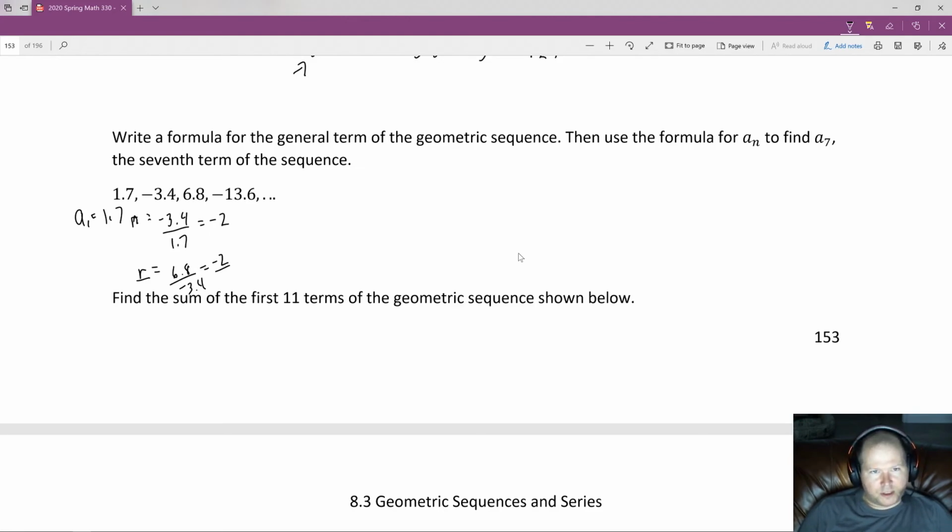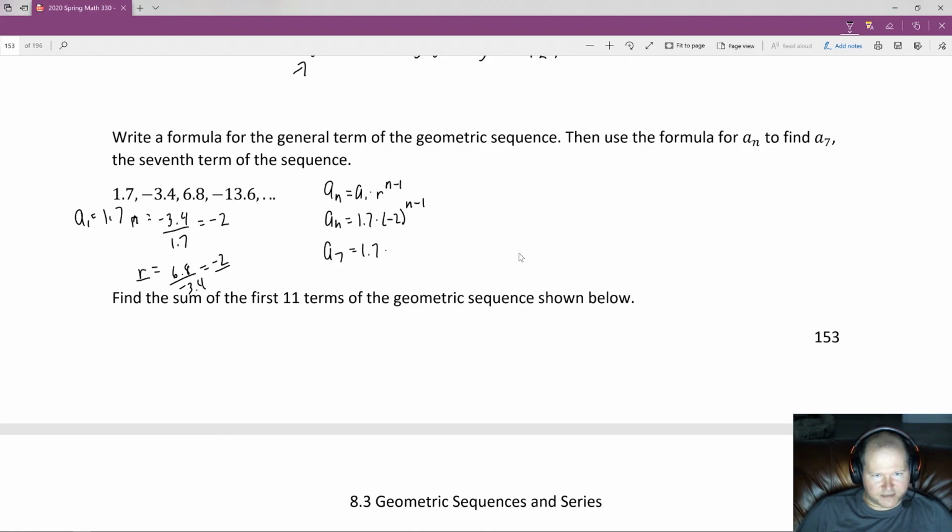Next, we want to build a general formula. So the original general one is first term times the common ratio to the n minus 1 power. So in our case, our first term in the sequence is 1.7 times r. r is negative 2 to the n minus 1. So we want to find the 7th term.